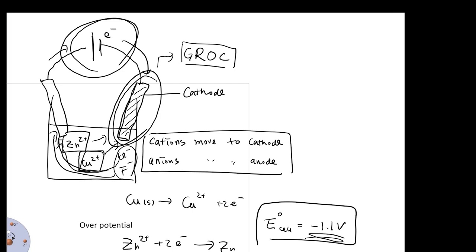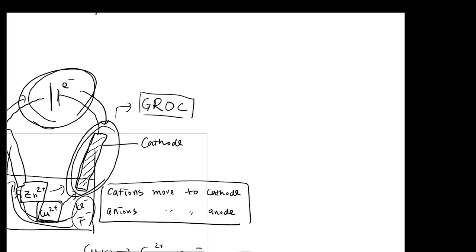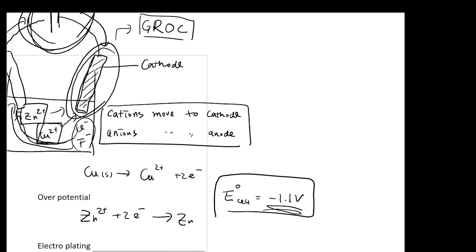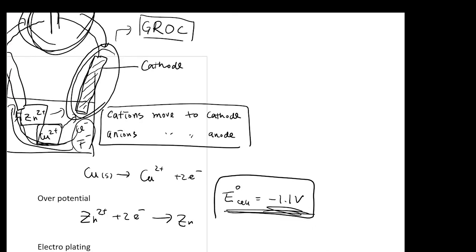If the voltage difference of your battery is larger than your E naught cell, then you can drive the reaction backwards, so the electrolysis can happen. For an electrolysis cell, you always see your E naught cell is a negative value, and that negative value represents the minimum voltage that your battery needs to provide to drive the electrolysis.